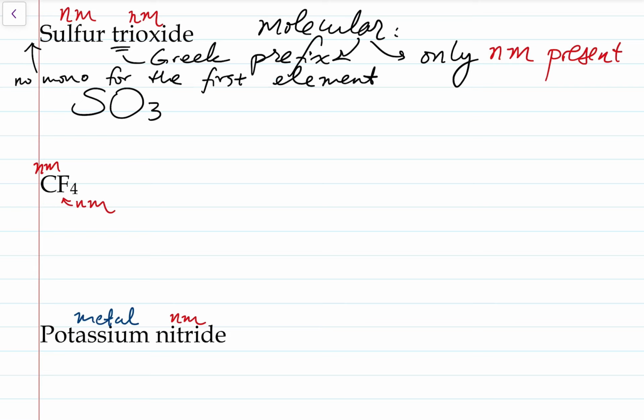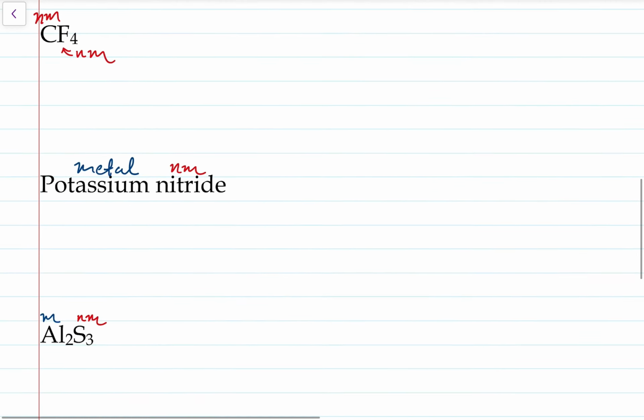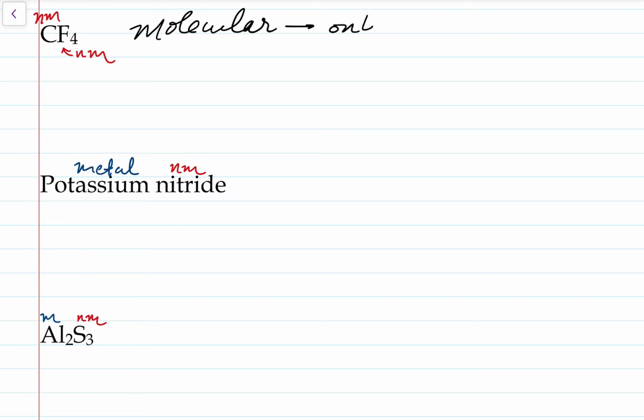Okay, now we've got carbon as our first element, and fluoride or fluorine. Okay, so this is going to be molecular. Only nonmetals are present. And that means then it gives us the permission or the rule to use the Greek prefixes.